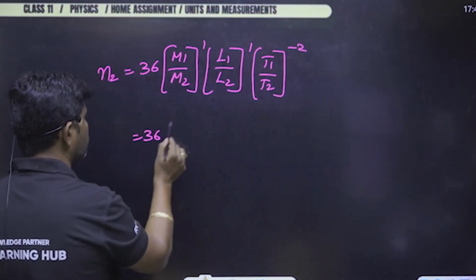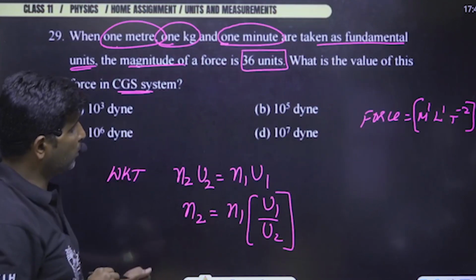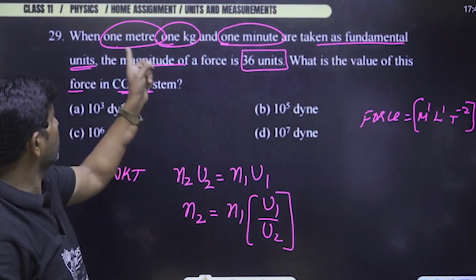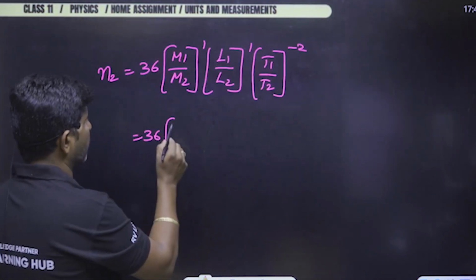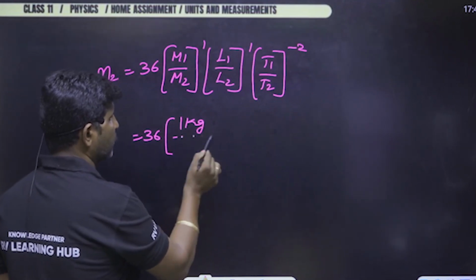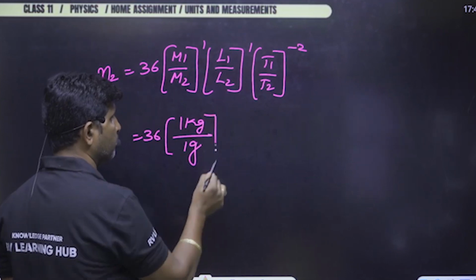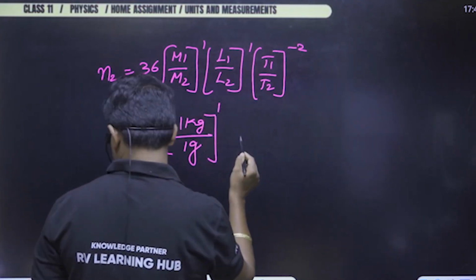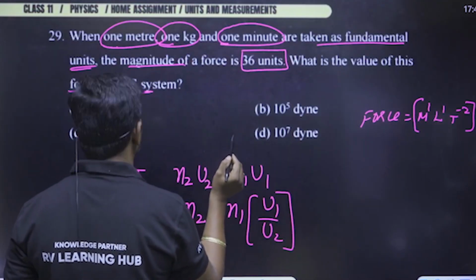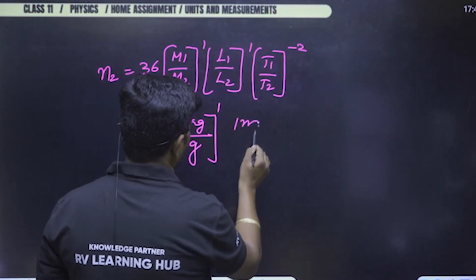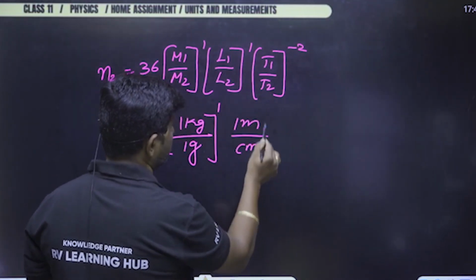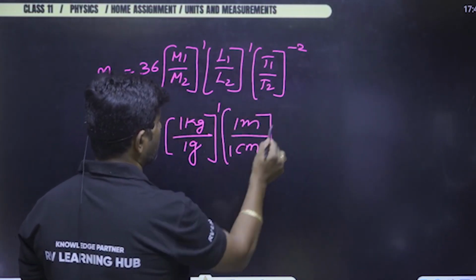What is the N1 value here? M1 means 1 kg, and in CGS it is 1 gram to the power of 1. L1 is 1 meter, divided by 1 centimeter in CGS, power 1.